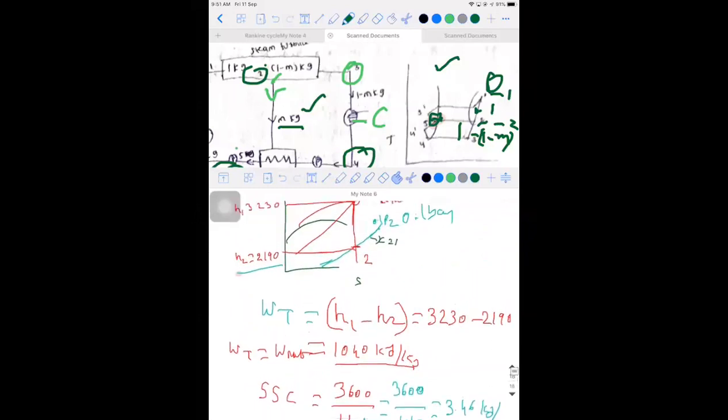This is the WT, without regeneration. What is the WT with regeneration, sir? It is around 936.5.